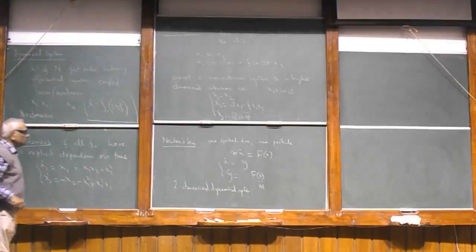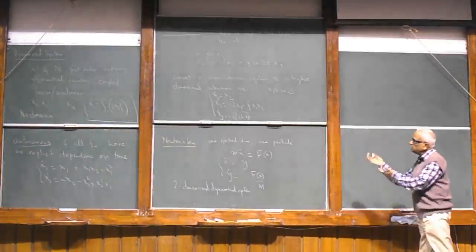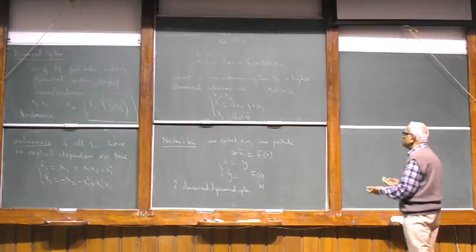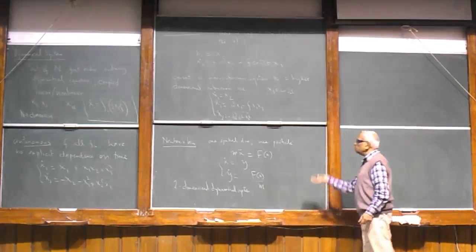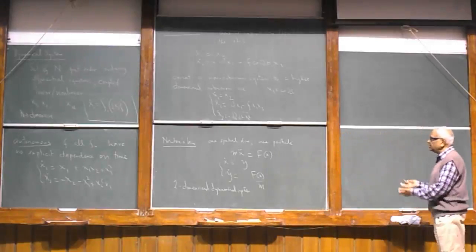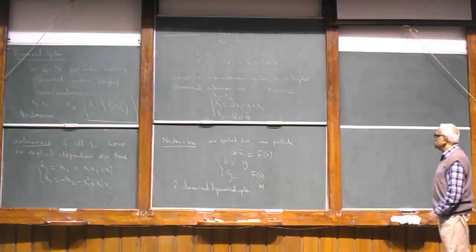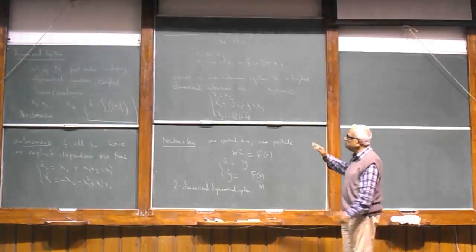So essentially, one has been encountering it all the time in things we have been doing, except that we have not been calling it a dynamical system. So there is nothing very special about a dynamical system.